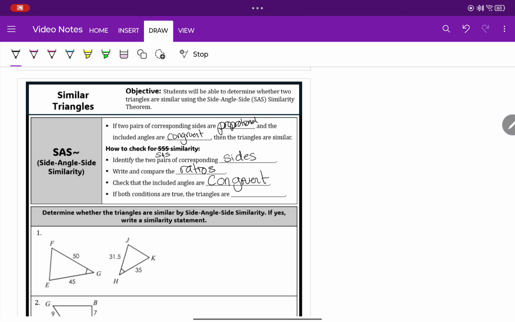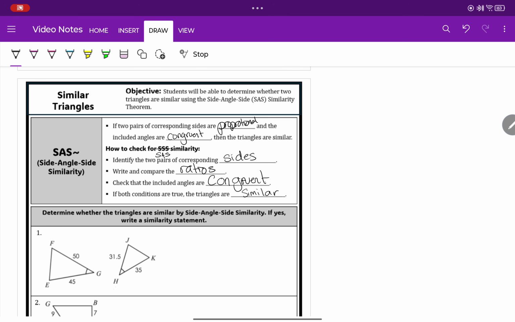If both of these conditions are met, meaning our sides are corresponding and the ratios are the same and our angles are congruent, then we know the triangles are similar.